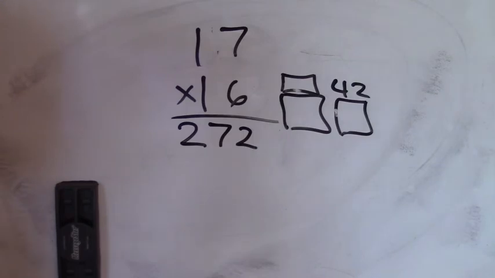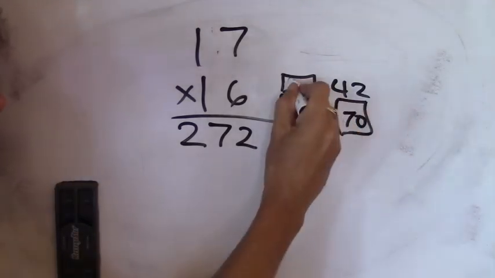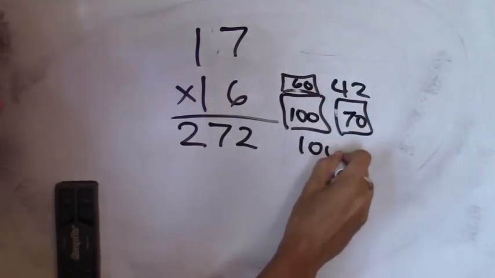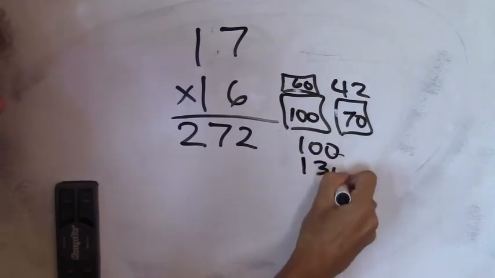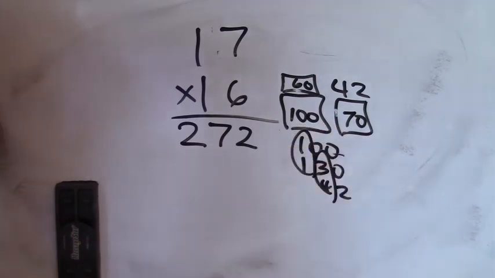How come? Because this is 100, this is 70, this is 60. So if I add these two together at one time, 130, and 42. So the only action is right there. Well, I guess you could call that action, but 1 and 1 is not really action. So 272.